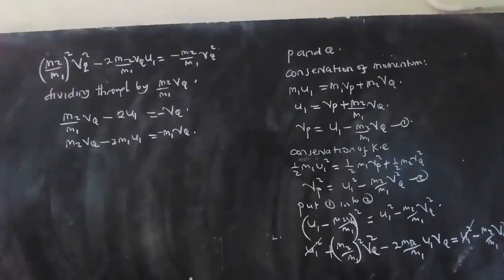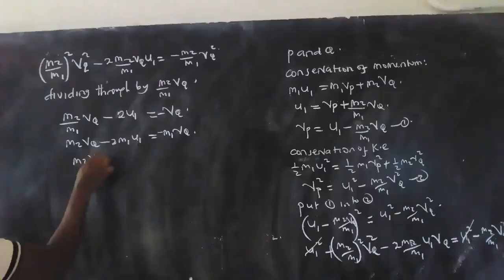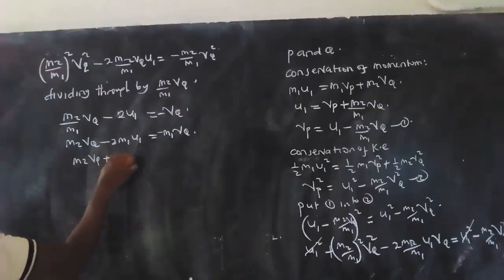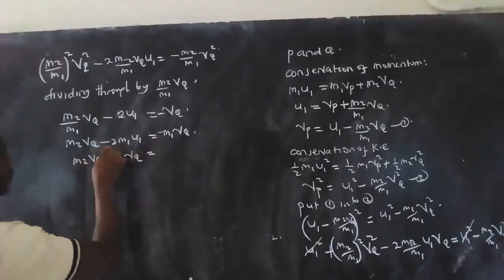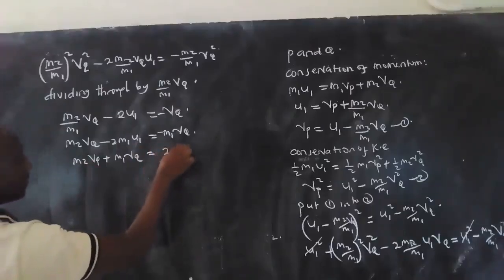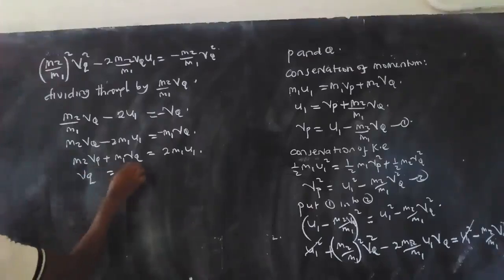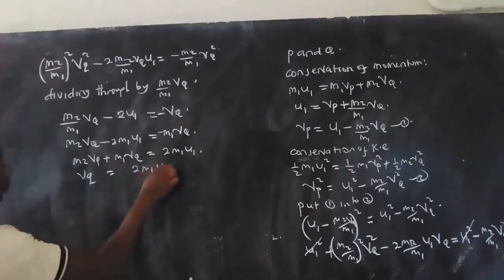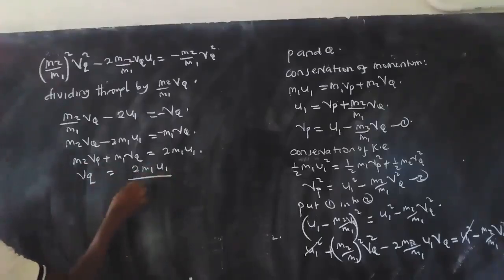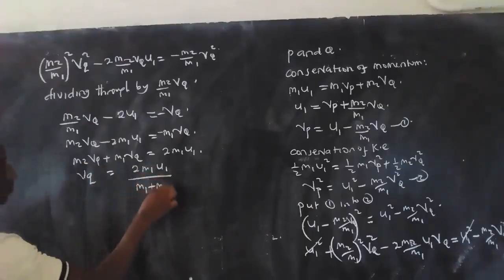Collect like terms: V2 on one side, so M2 V2 plus M1 V2. This one goes that side, becomes 2 M1 U1. So meaning that our V2 will become 2 M1 U1 divided by, here you factorize, M1 plus M2.